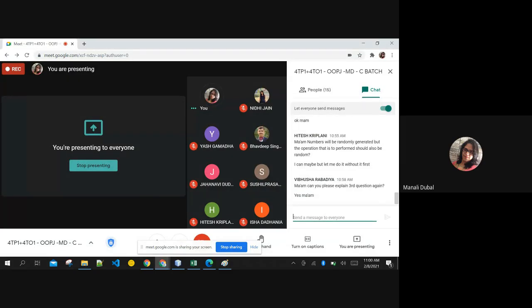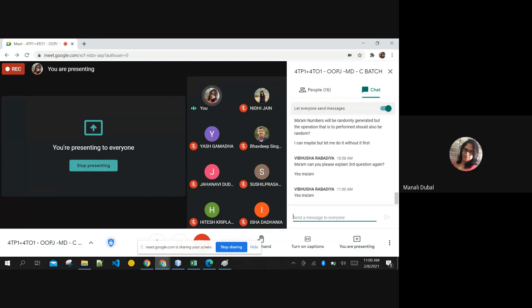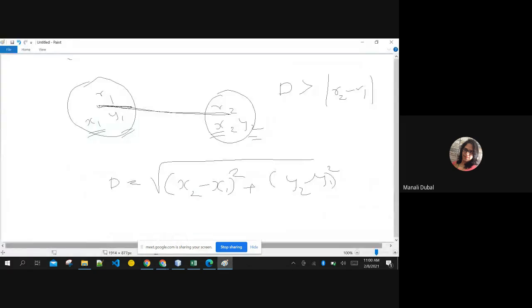Vibhusha. Yes. Okay, so that is the formula that we are using here, right? But if the circles are inside one another, then the summation of these two radii will again be compared with the distance.